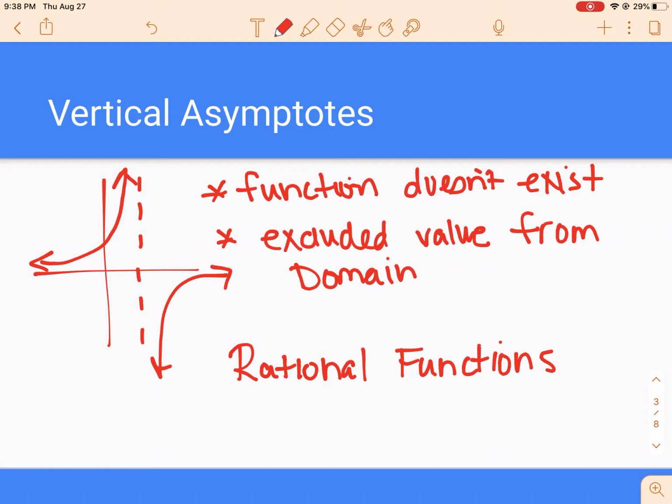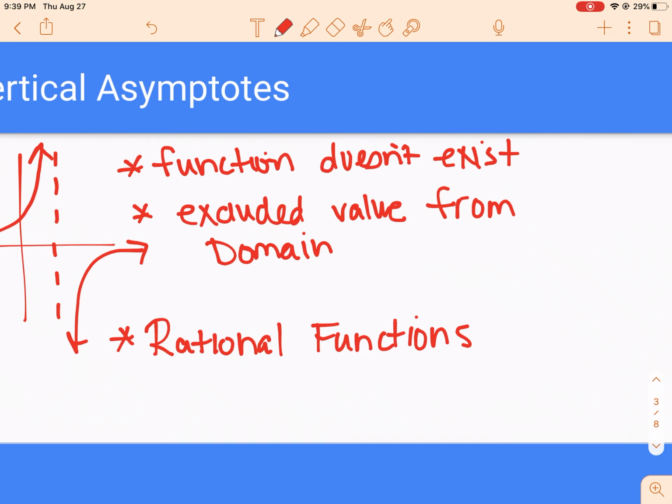If you look up rational functions, you're going to get all sorts of examples that can give you some extra practice. If you were to have a conversation with a math tutor, you can say, I'm working on vertical asymptotes of rational functions, so I'm going to call them by their accurate name, and hopefully you will choose to use the accurate name.